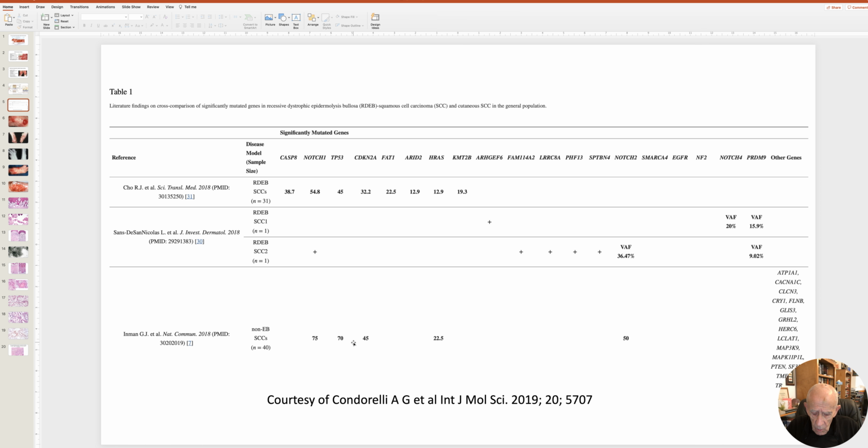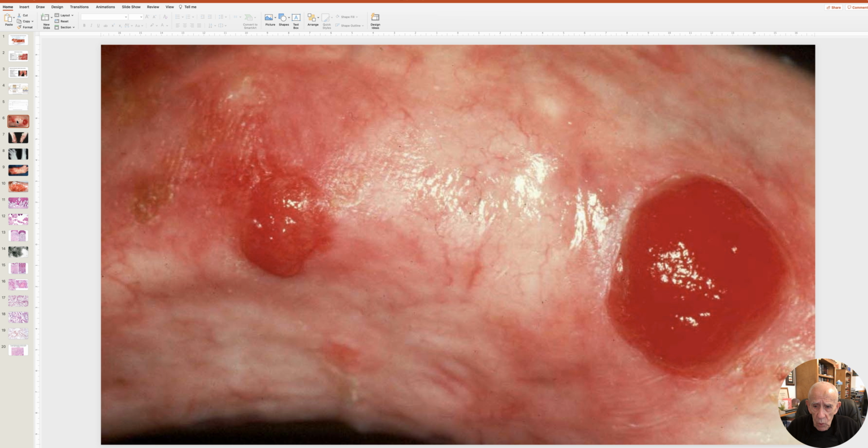Basically, the pathogenesis appears to be particularly related to inactivating mutations in Notch1. And I'm going to show you a few clinical slides of these tumors.